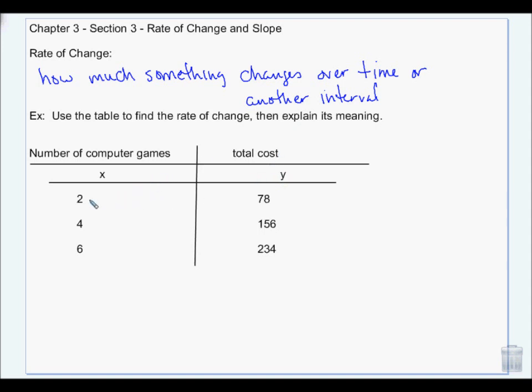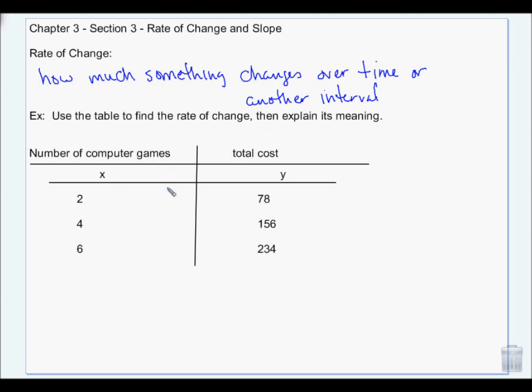Like here we have the number of computer games and the total cost. So it's not changing over time, it's changing over a number of computer games. But a rate of change is just how much something is changing given certain circumstances.